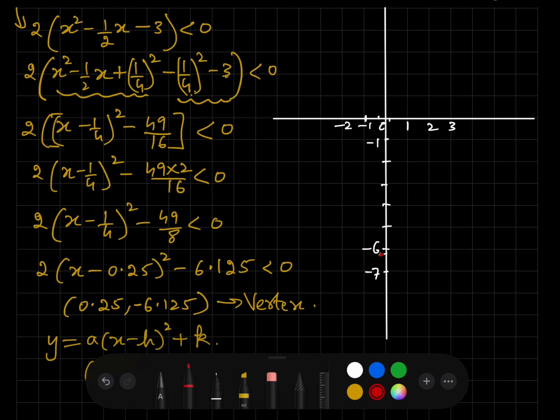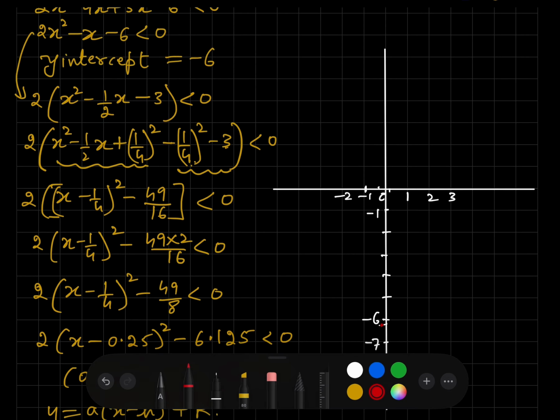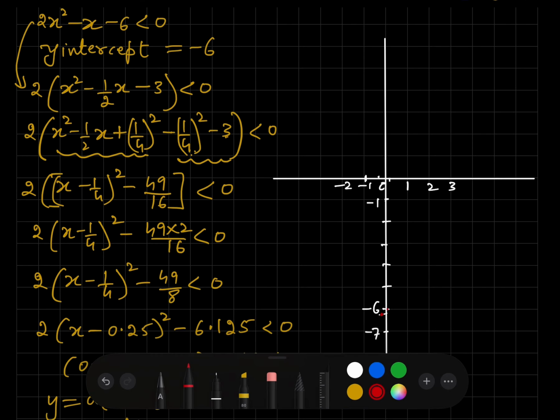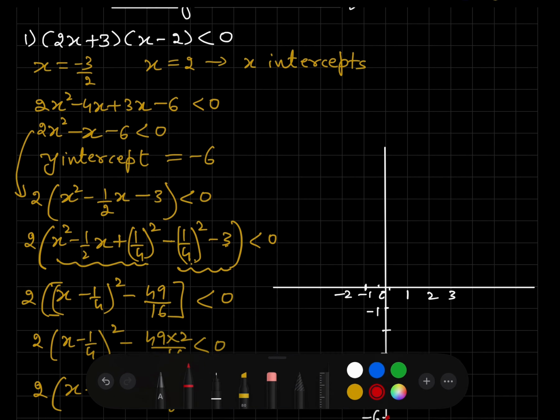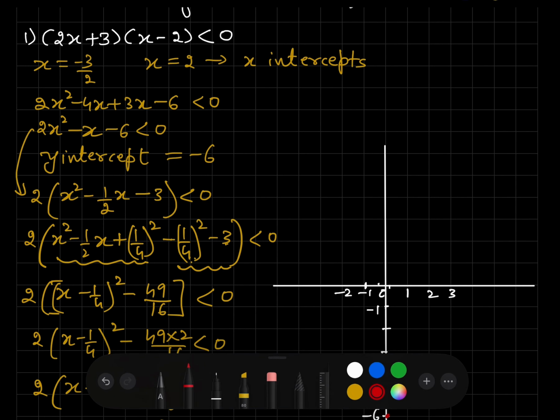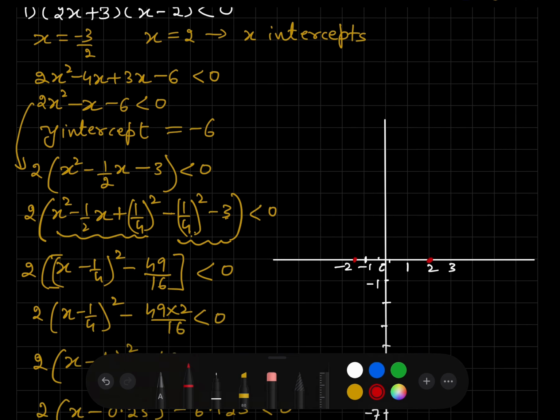This is our vertex. And the y-intercept, negative 6, is here, very close. Then our x-intercepts are negative 3/2, which is negative 1.5, so one x-intercept is here, and the other x-intercept is at 2.